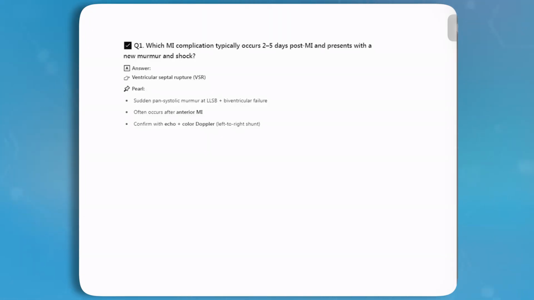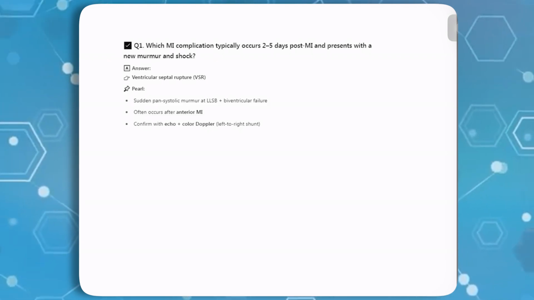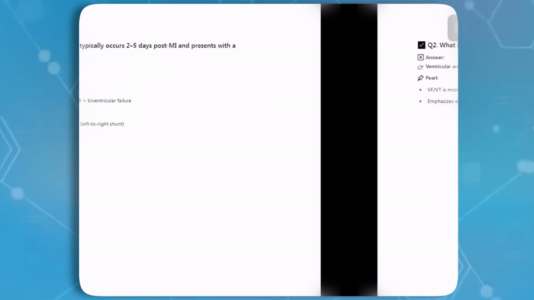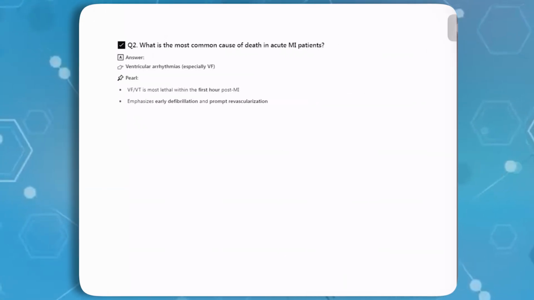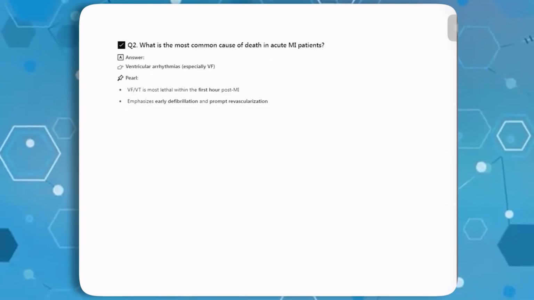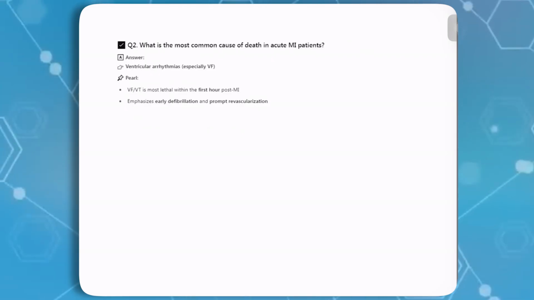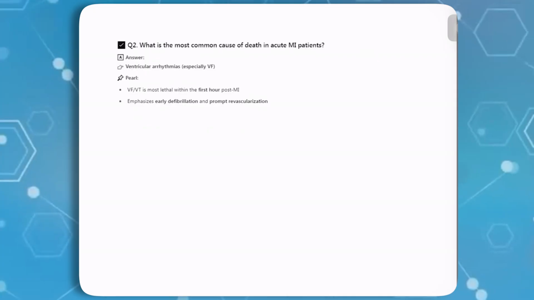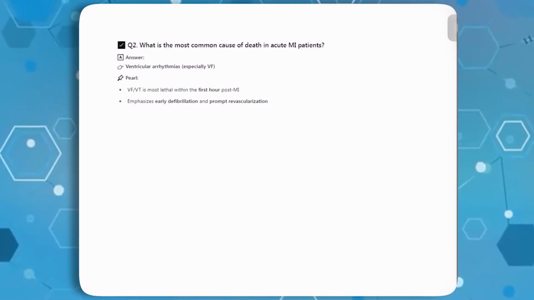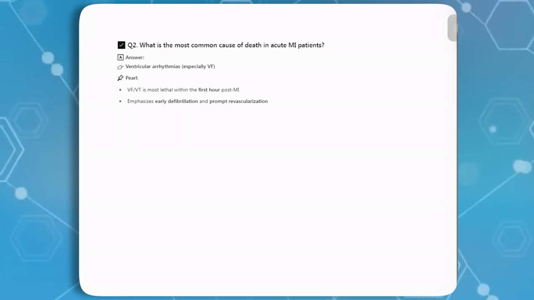Biventricular failure occurs because of the free flowing blood from LV to RV and RV to LV, often after an anterior wall MI. What is the most common cause of death in acute MI patients? It is ventricular fibrillation. Pre-MI, post-MI, before any intervention is done, they can die of VF. Even after stenting, they die of VF.